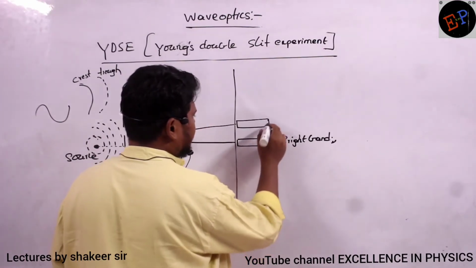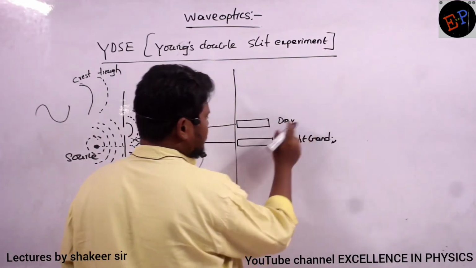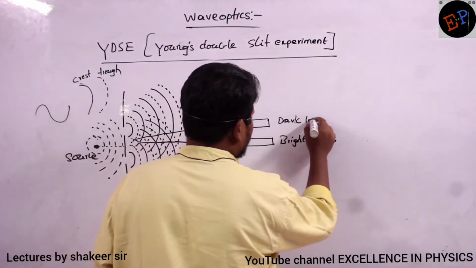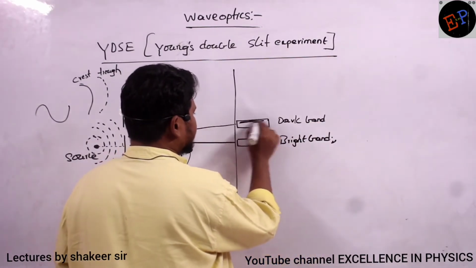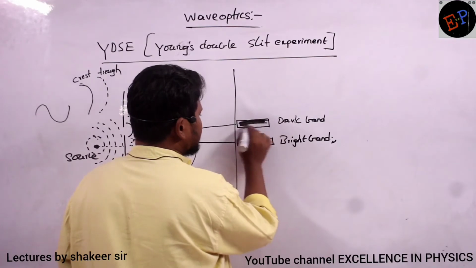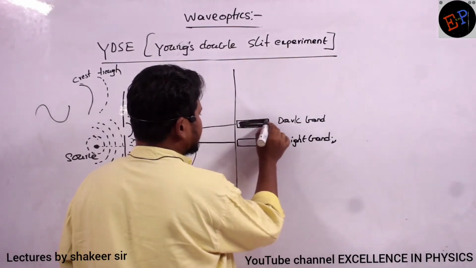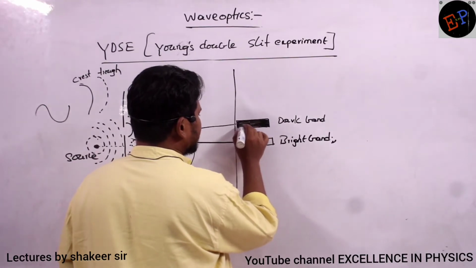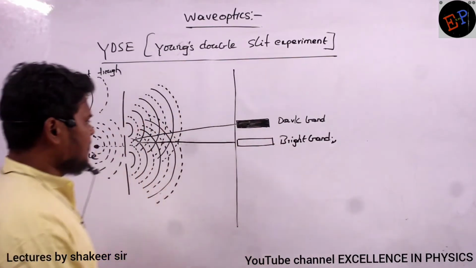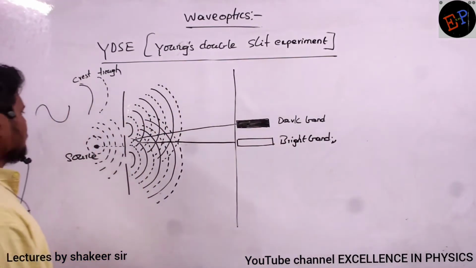This is the center of the dark band. Actually dark bands will not be like this, but for your understanding I am saying. Dark band in the sense here you don't find any light. Clear? Similarly, see the next one.